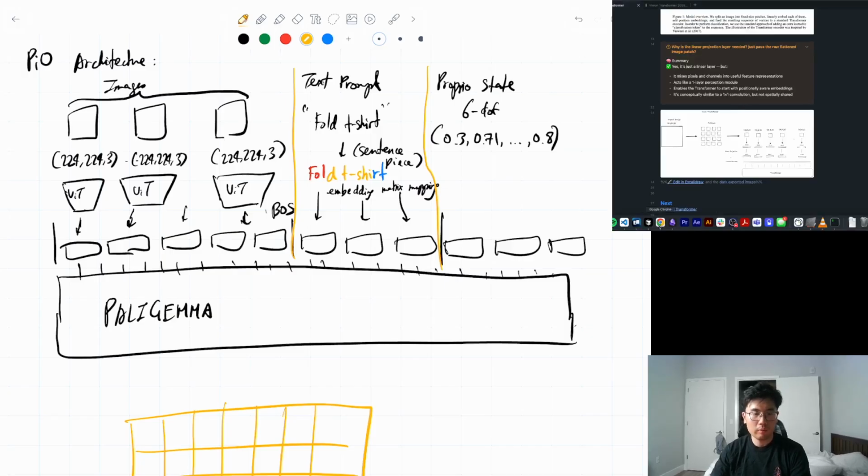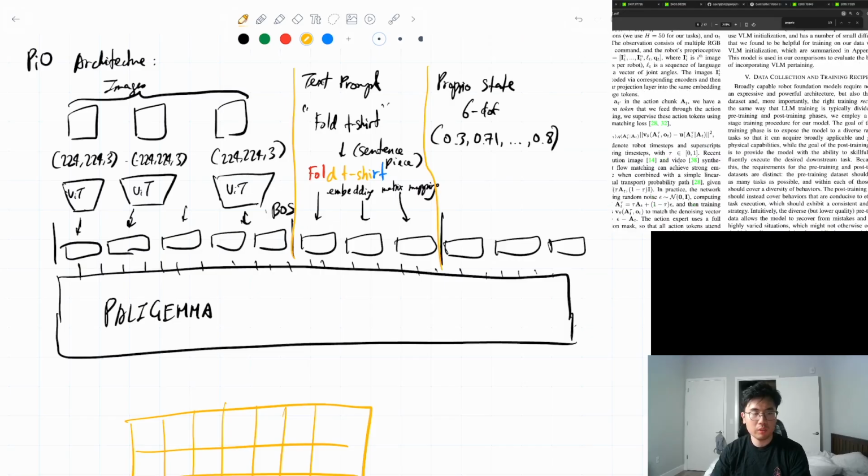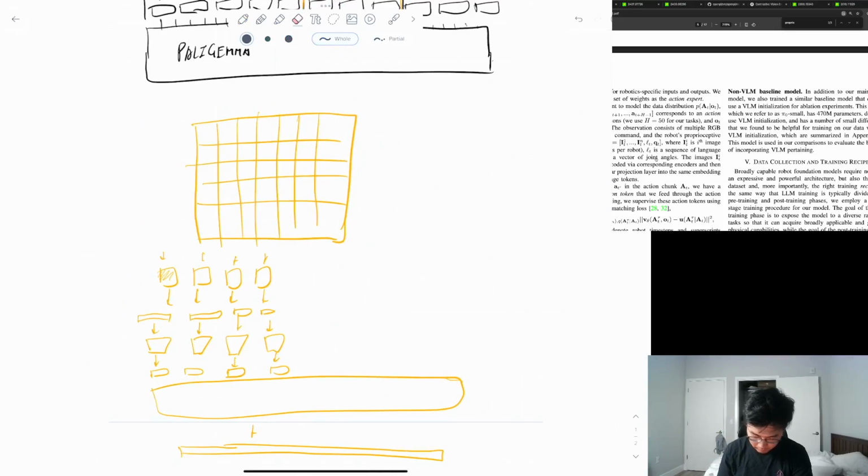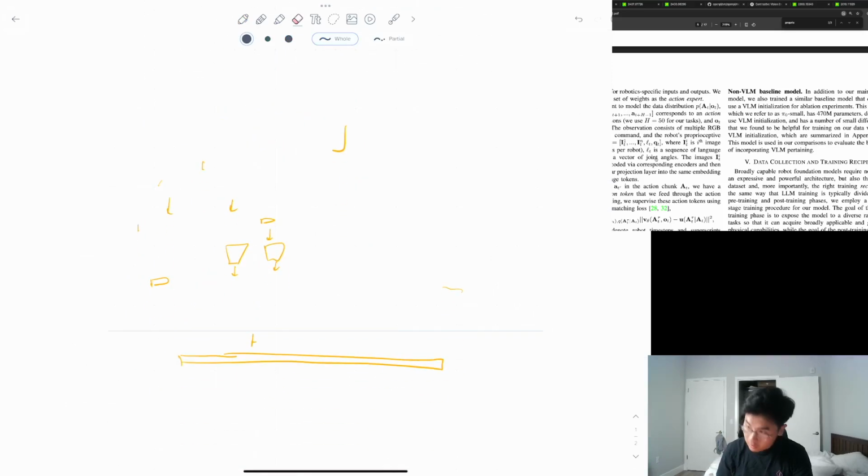Okay, so we were saying the images. Your Pi0. Okay, erase this, erase all of this.